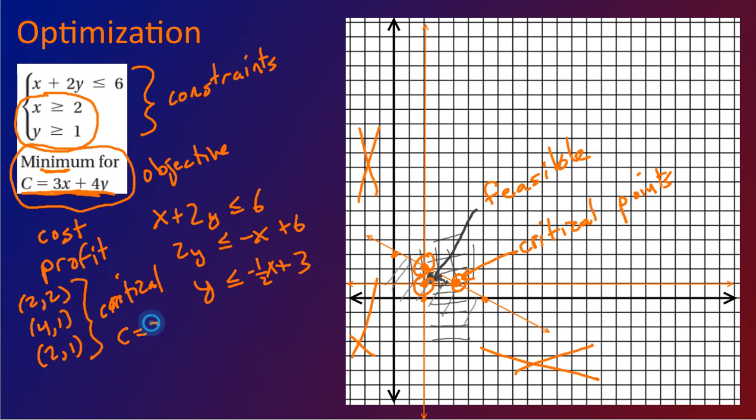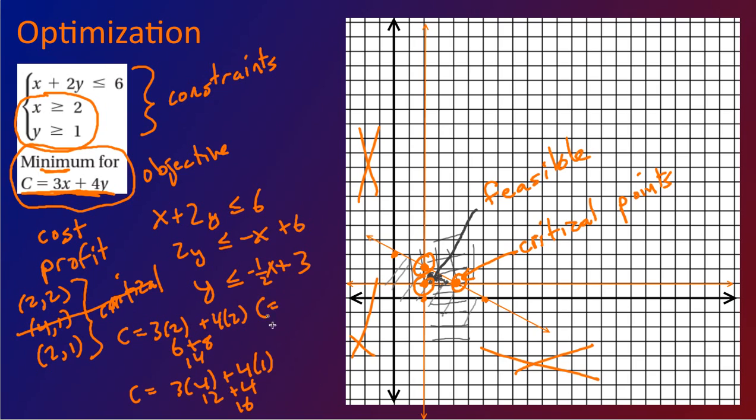So C equals 3 times 2 plus 4 times 2, 6 plus 8, 14. The other one, 3 times 4 plus 4 times 1, 12 plus 4, that is 16. So I know it is not that one because it's not a minimum.